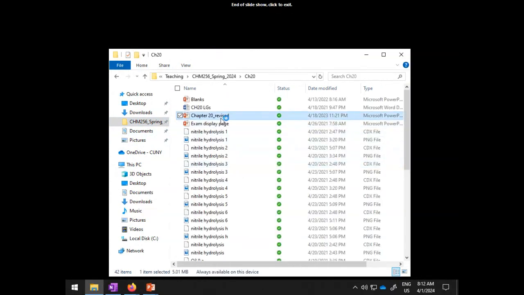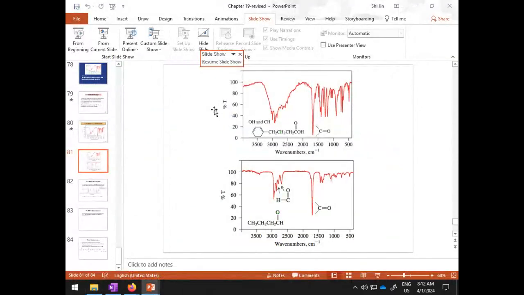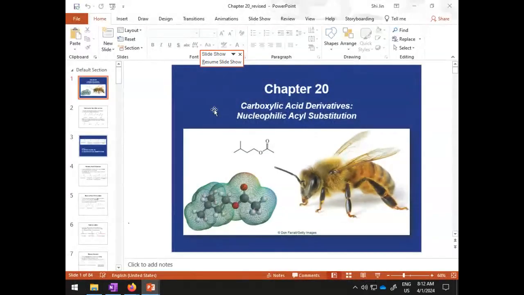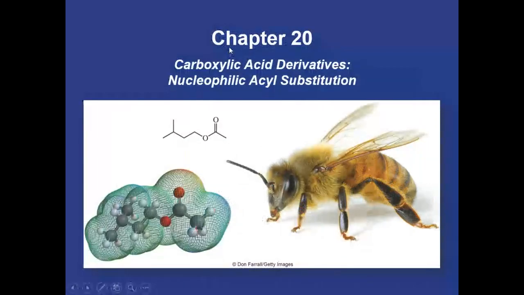Chapter 20 has a huge number of reactions.